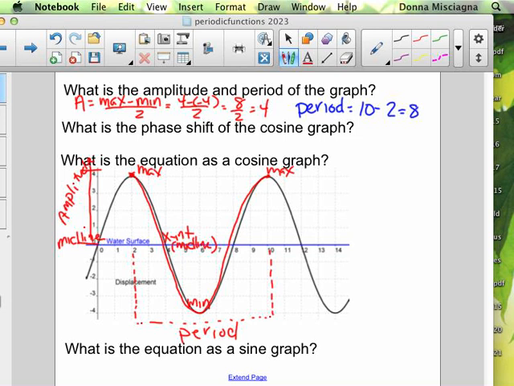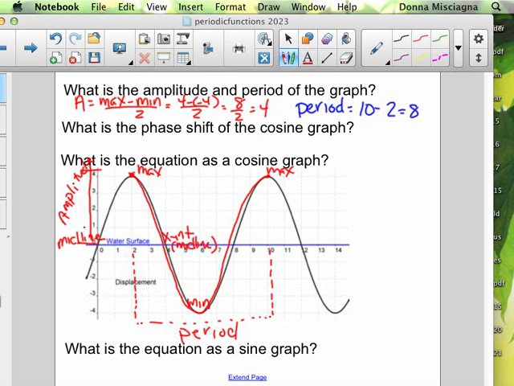This is a real-world graph, and it looks like it's in terms of time, so how much the water displaces over time. So we have the length of the period, and we have the amplitude.